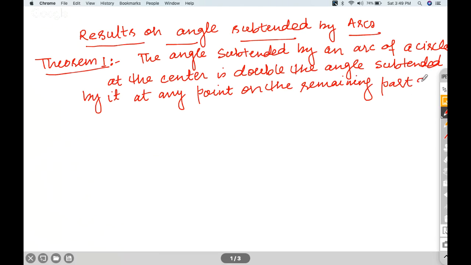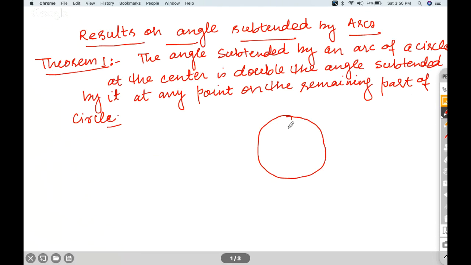This is a very important theorem with respect to concepts of circle. So what I do is I take a circle like this.